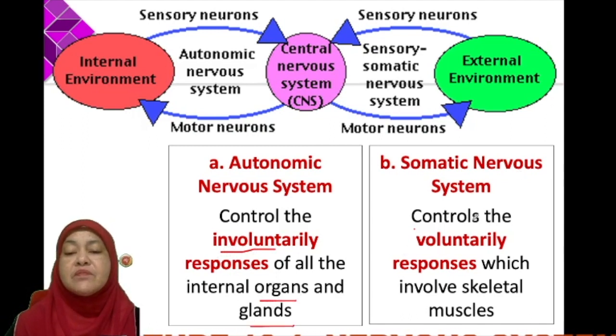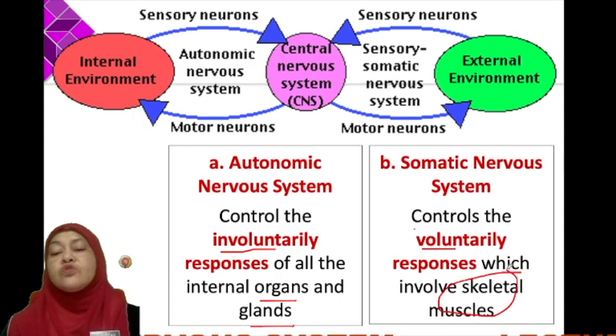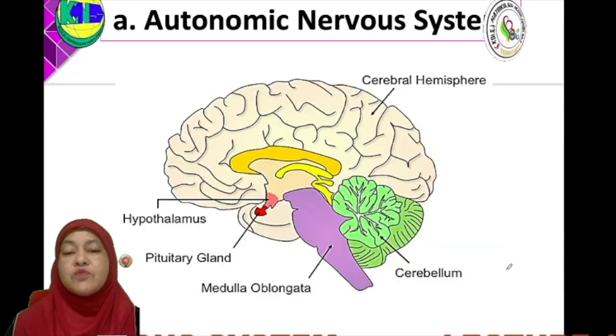The somatic nervous system controls the voluntary responses, which most likely involve the skeletal muscles.